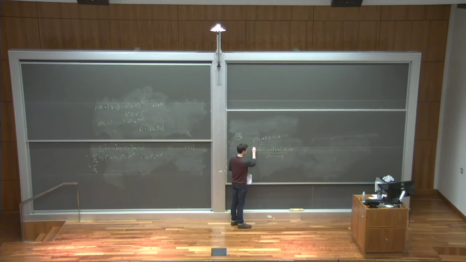This is the numerator, and then you do the same thing for the denominator. These two terms are going to cancel because they're in both of them.